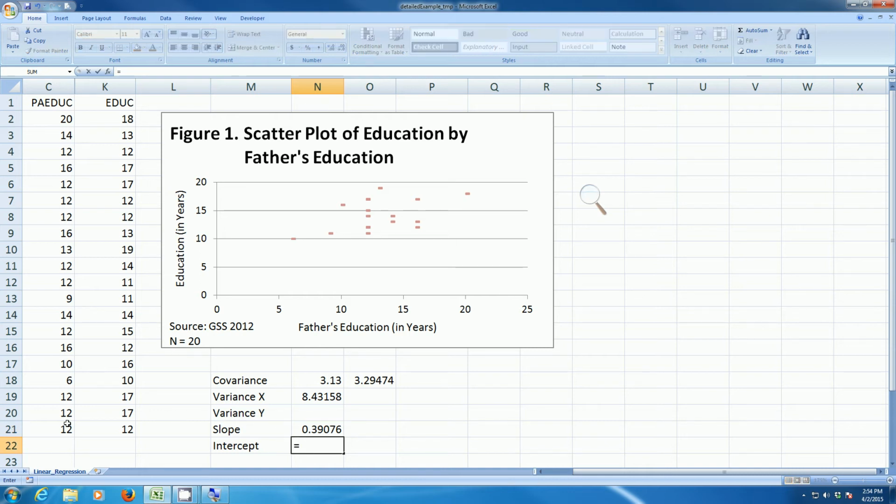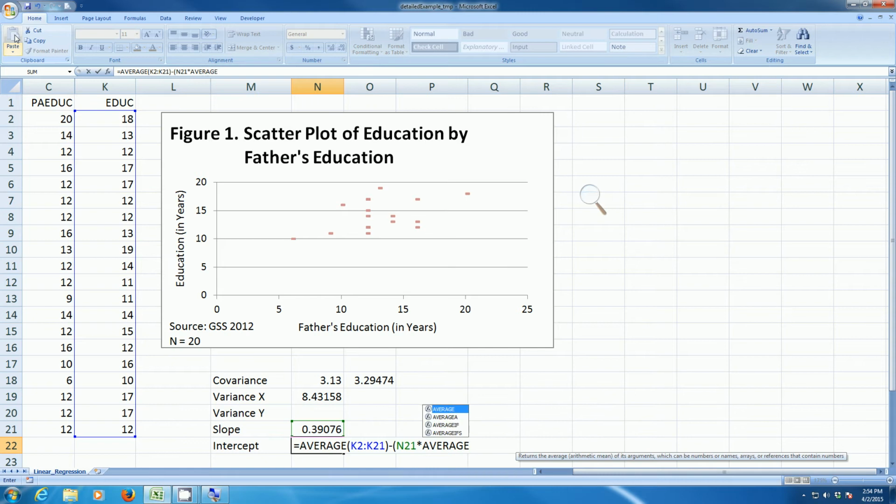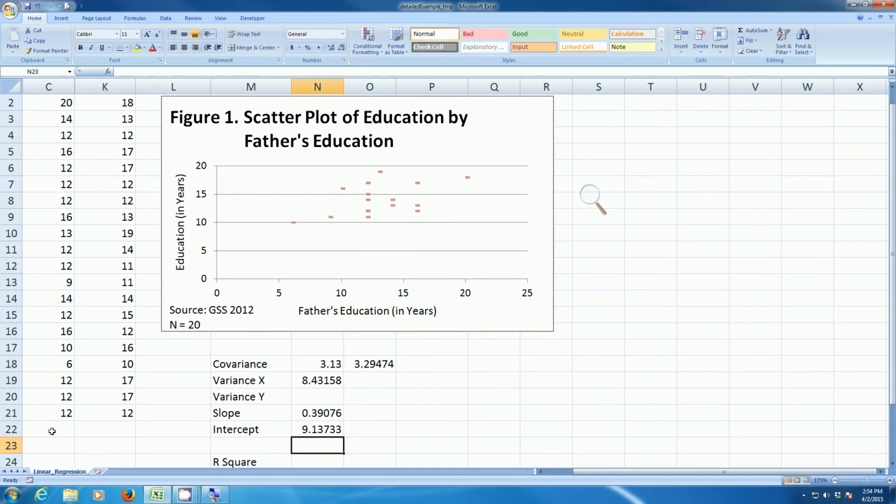So the intercept is going to be equal to the average of the dependent variable, which again is education, minus the product of the slope and the mean of the independent variable, father's education. So we'll close the parentheses, and Excel calculates a value of 9.13. And so we have both the slope and the intercept for our linear regression equation.